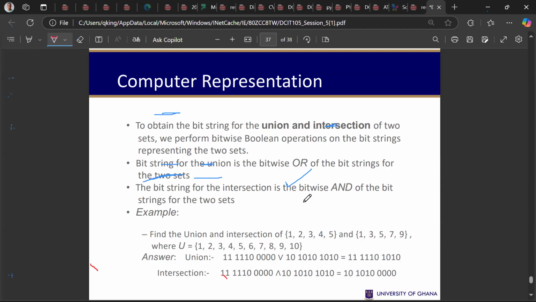Let's look at an example down here so that it doesn't look like I'm speaking mysteries. Let me break down what I'm saying with the examples. Let's tackle the union first.